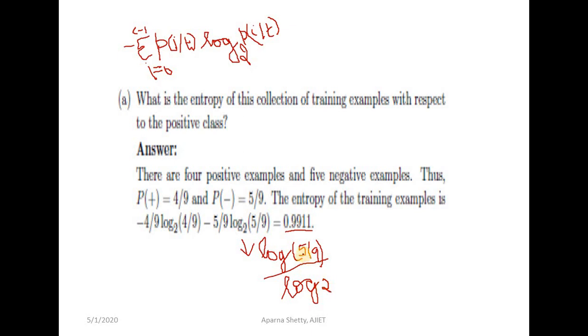First solve 5 divided by 9, then calculate the log of that answer, and finally divide that answer by log 2. So this is the overall entropy of the training example.